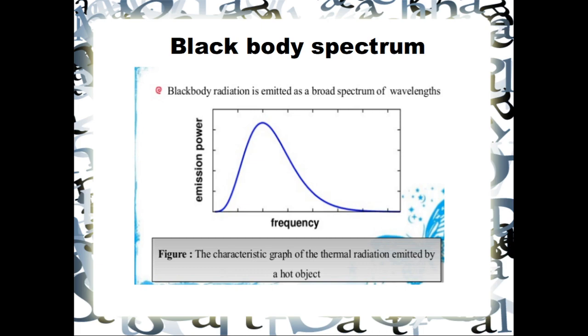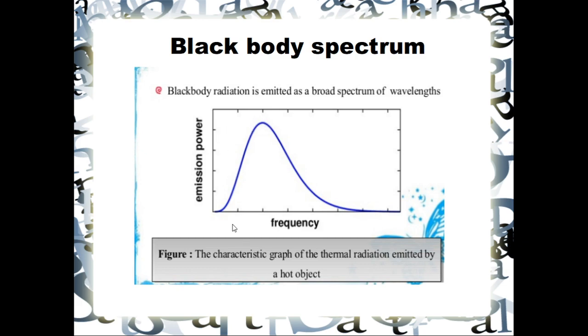Hello, welcome back. In the study of blackbody radiation, a special interest was attached to the spectral distribution of energy. That is, how energy is distributed among different wavelengths or frequencies, and at which particular wavelength or frequency the most energy is emitted.